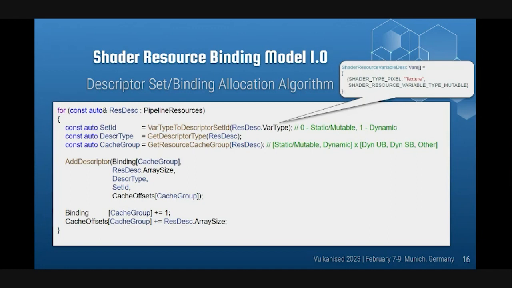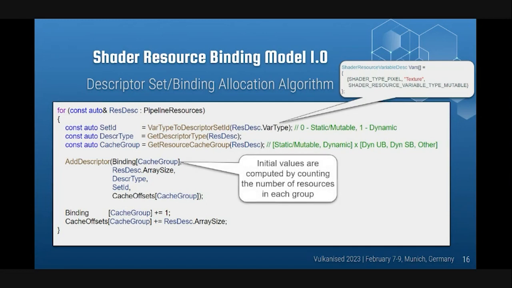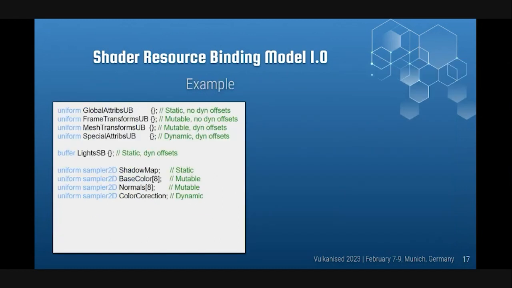It then uses the resource description to get the descriptor type, and that would be one of the many descriptor types in Vulkan. And finally, it finds the cache group for this resource, and there are 6 cache groups. And then it adds the resource using these properties of this resource. Then it updates the binding. Basically, it offsets it by 1, and it also updates the cache offsets.